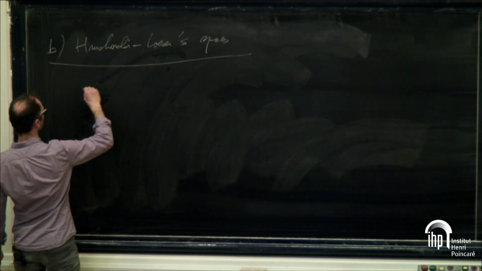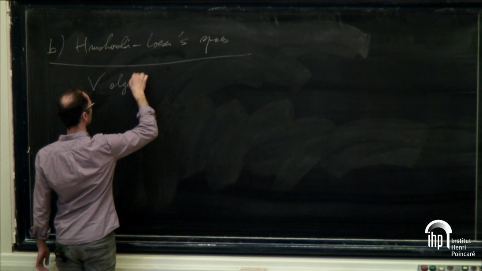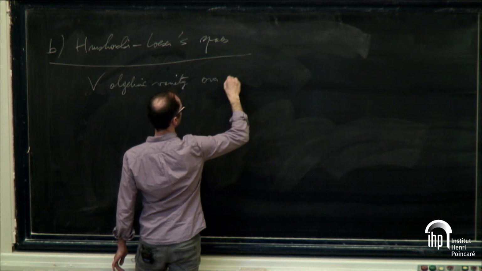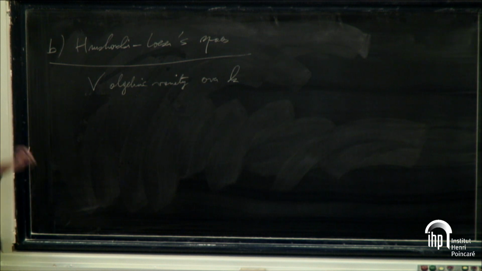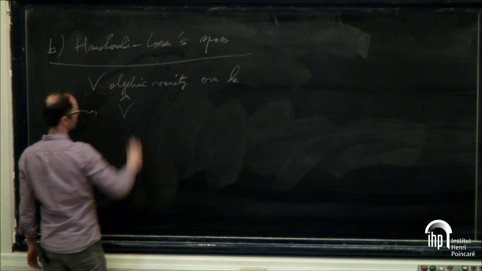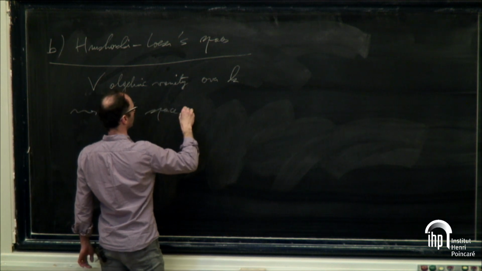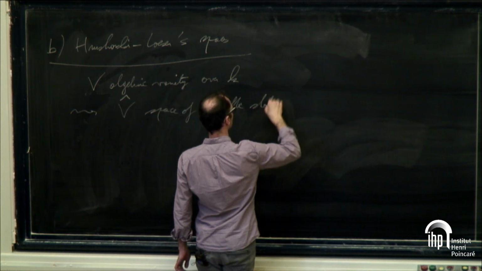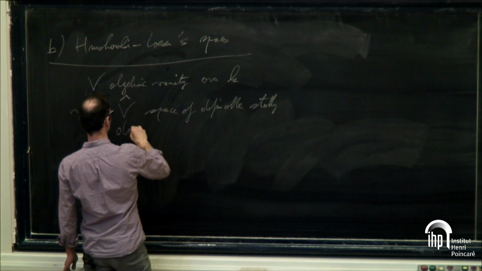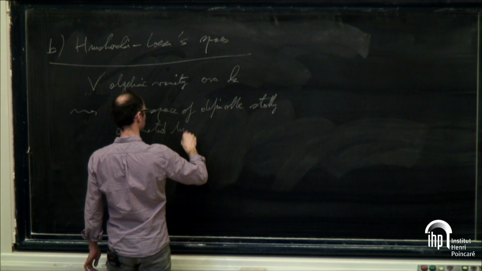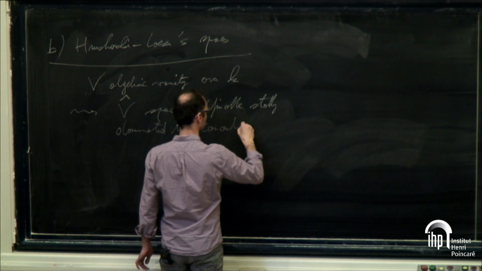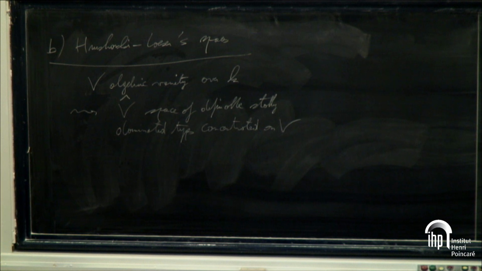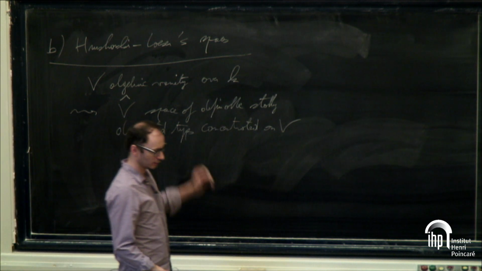But say if you start with some V, some algebraic variety over, say my field is K, they associate a space that they denote by V hat, which is a space of stably dominated definable types concentrated on V. And well, they prove several deep results about this object.